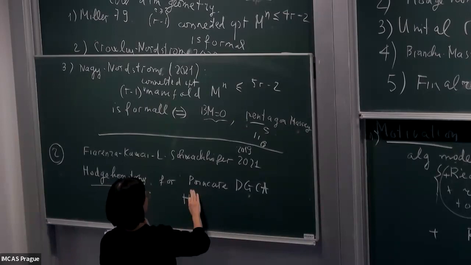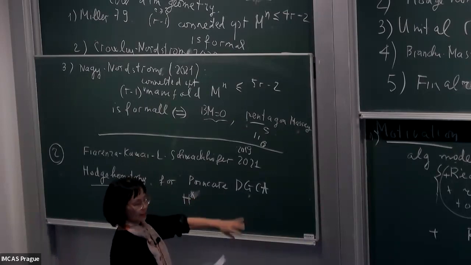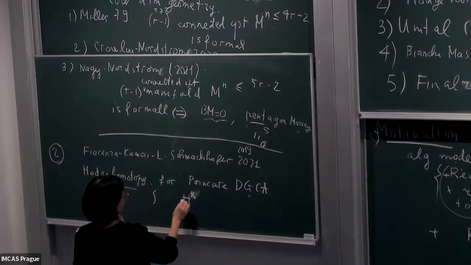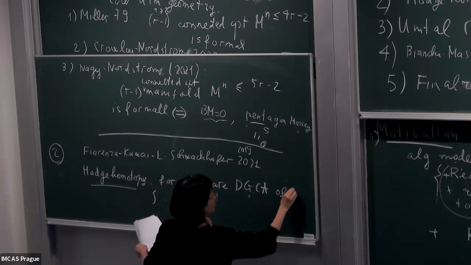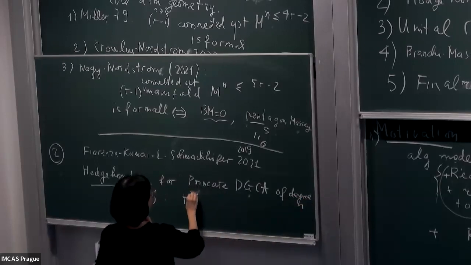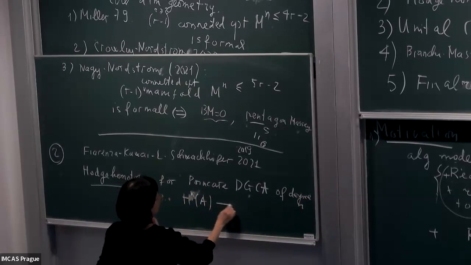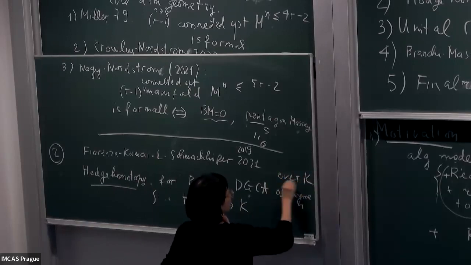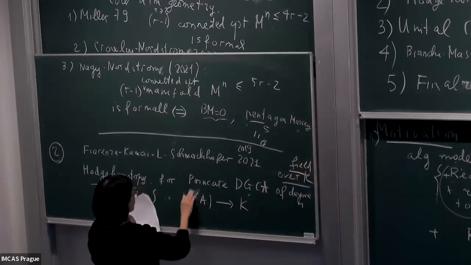homology, and then you need some element, a fundamental class. That means you define first the fundamental class. That's an element in H^n, of the highest degree, so that's H^n of A. That is a linear functional to the field K. I consider everything over K, that is a field. So that is a top degree.